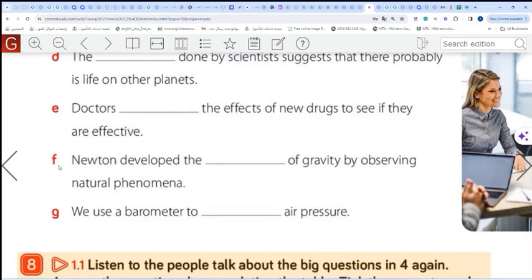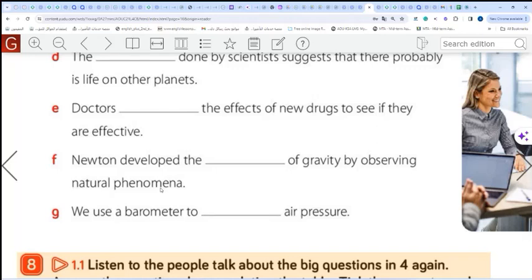Now, number F. Newton developed the theory of gravity by observing natural phenomena. Dear student, what do you mean by phenomena? Phenomena, yes.